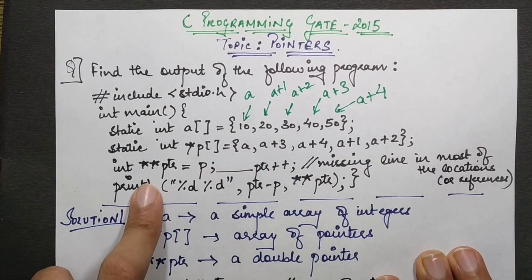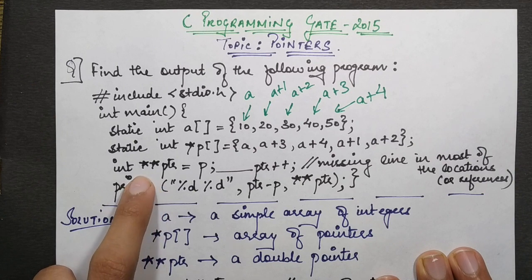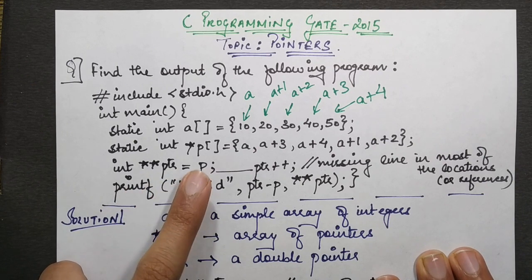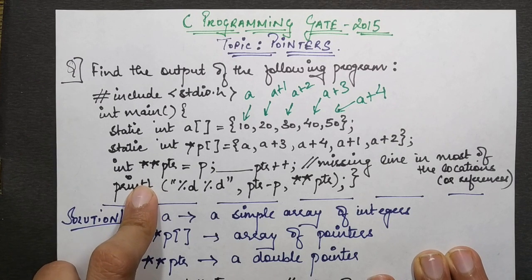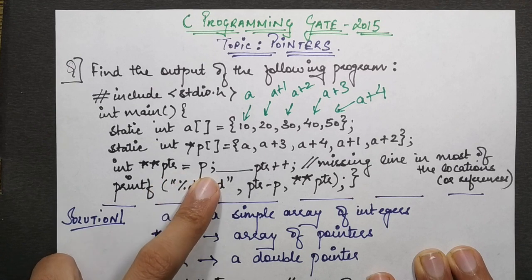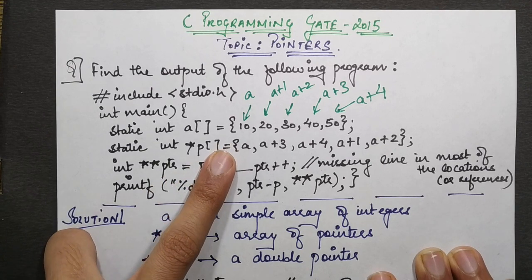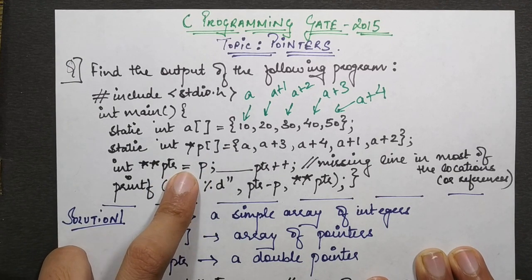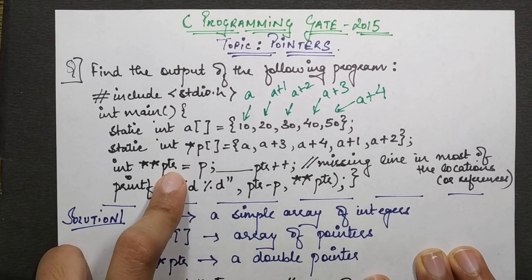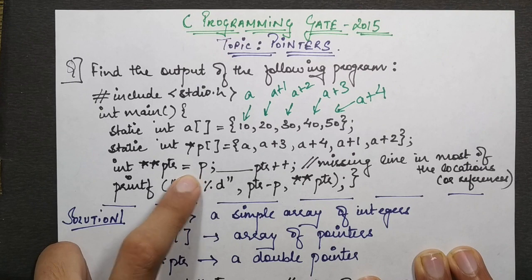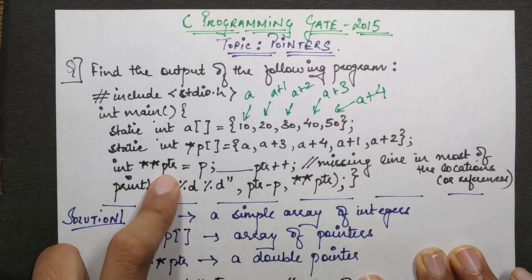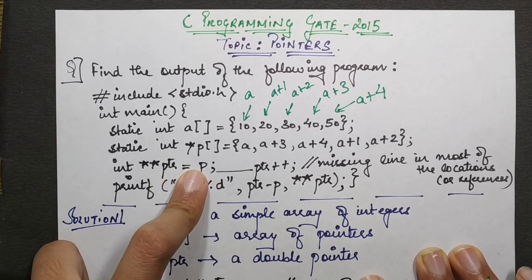Then they say int double star ptr equals p. Now this is a double pointer because it is storing a reference to a pointer. It is pointing to a pointer. So we read this statement as a double pointer whose value is p.